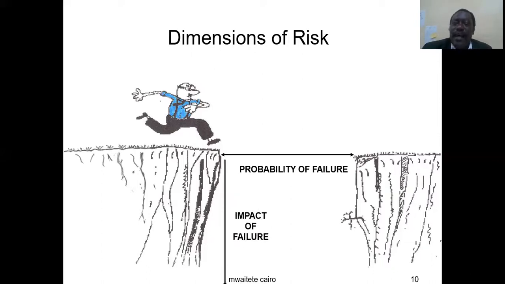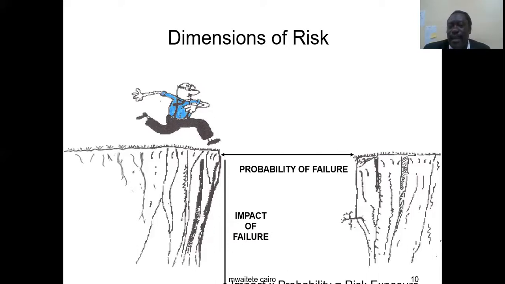You should understand the impact of failure. Of course, we say the impact multiplied by probability gives you the risk exposure. So the risk exposure is equal to impact multiplied by probability.